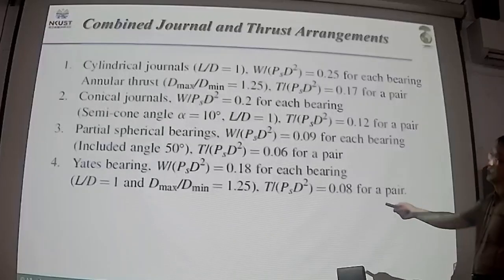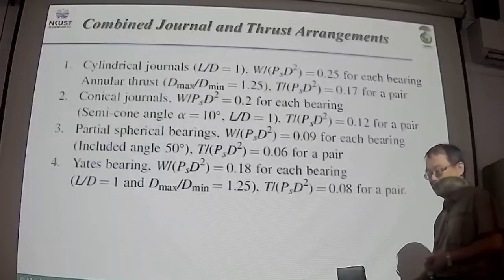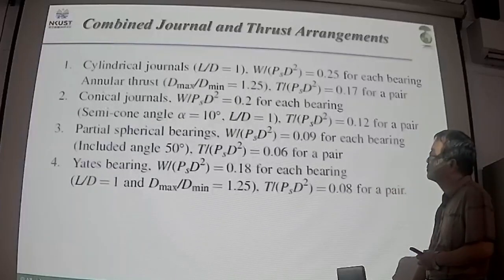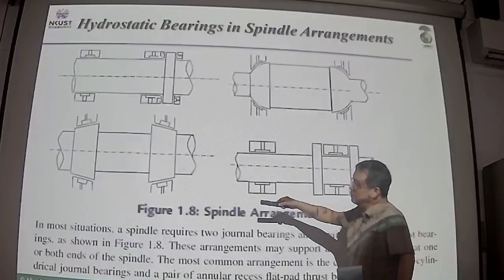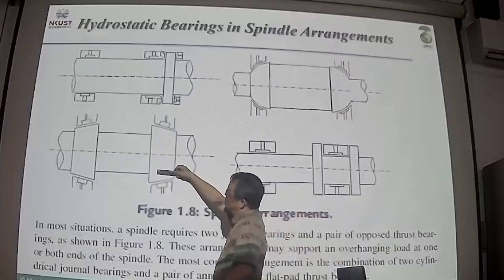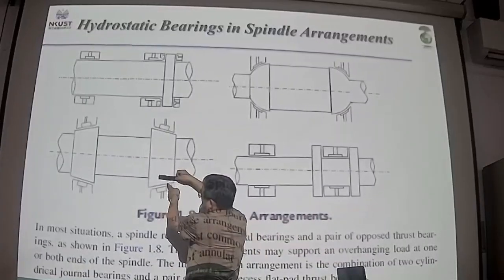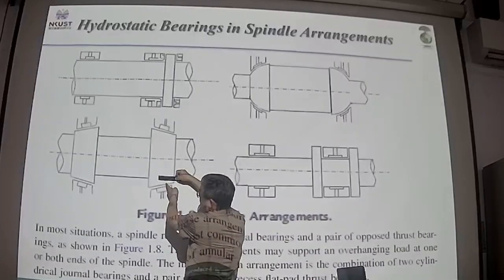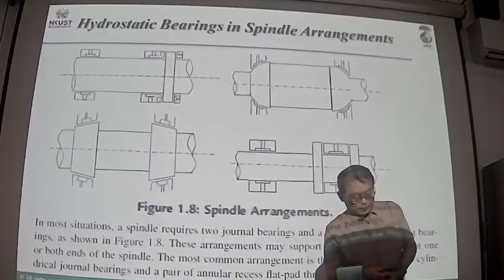So, for example, the conical or semi-conical angle is the angle measured from the horizontal direction, called the semi-conical angle.